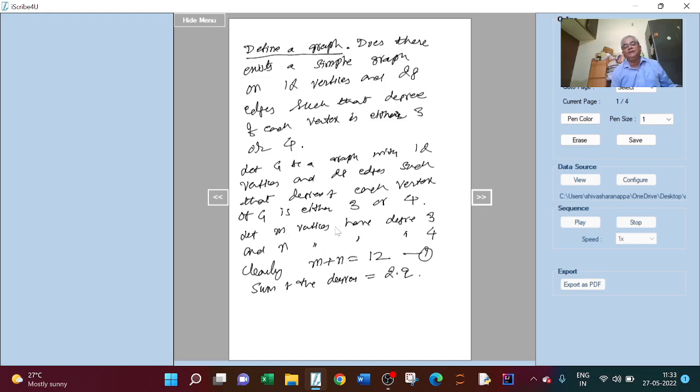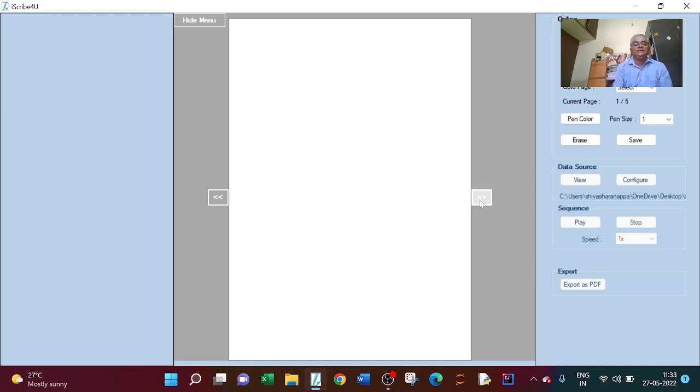So the sum of the degrees is 3 into M plus 4 into N, which is equal to 2 into the number of edges. Here we have 28, so 3M plus 4N is equal to 28 into 2, which is 56. I will take this as 2.